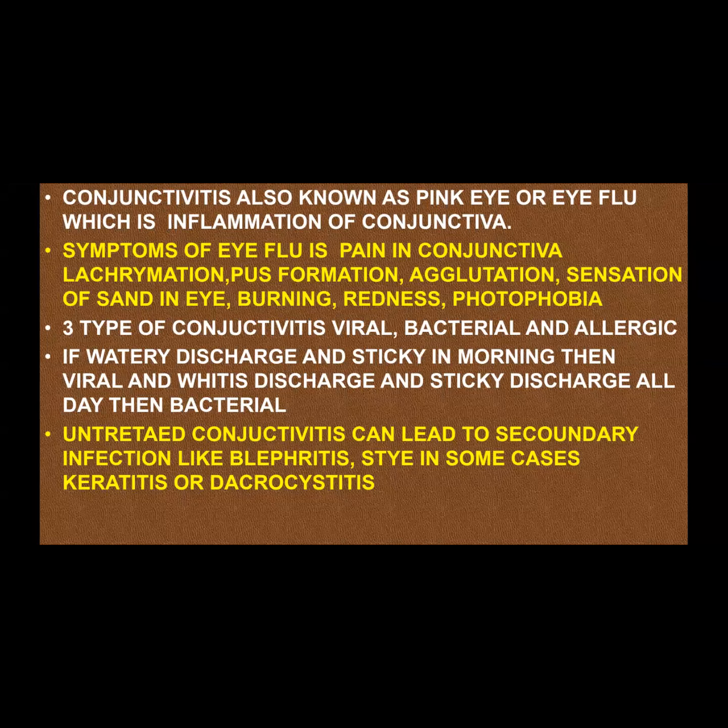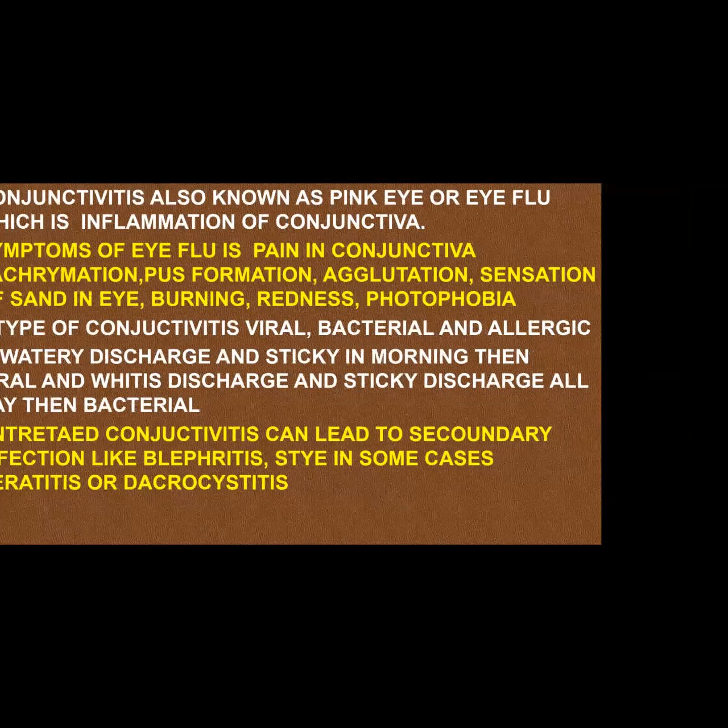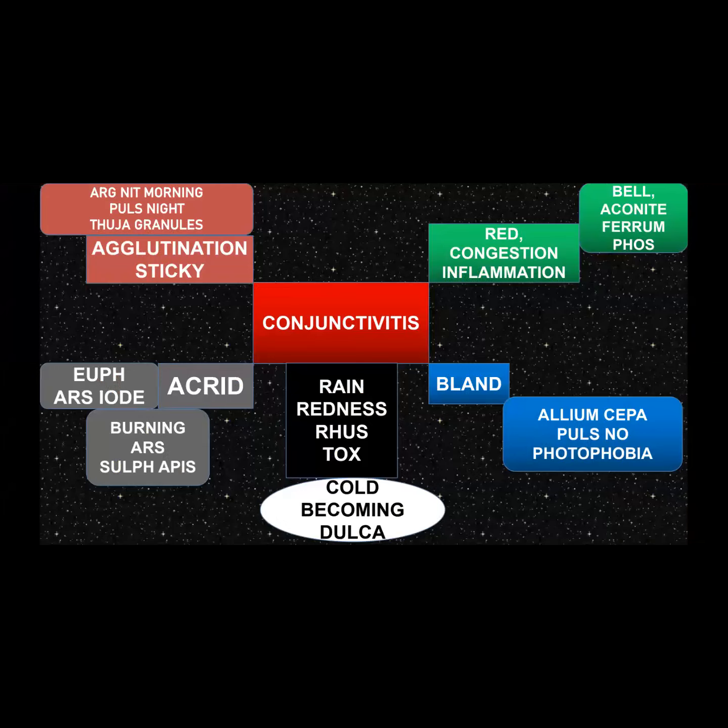Okay, now we will go to the most important part of conjunctivitis, that is the homeopathic approach. The homeopathic approach, how we are going to treat conjunctivitis, because this is a more commonly manifesting acute disease, which is more frequently seen nowadays in the clinic. It is lasting from 10 to 15 days.